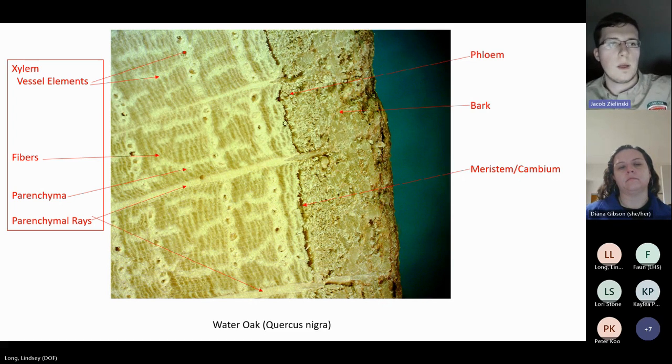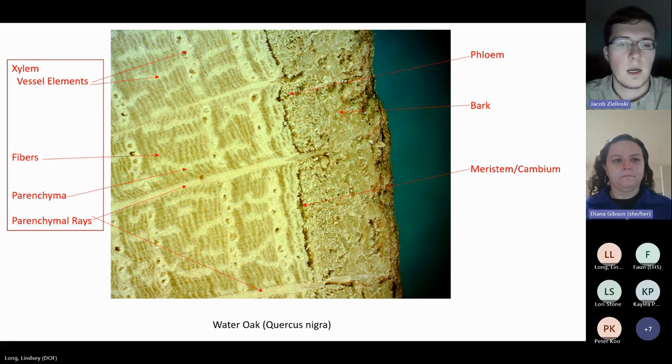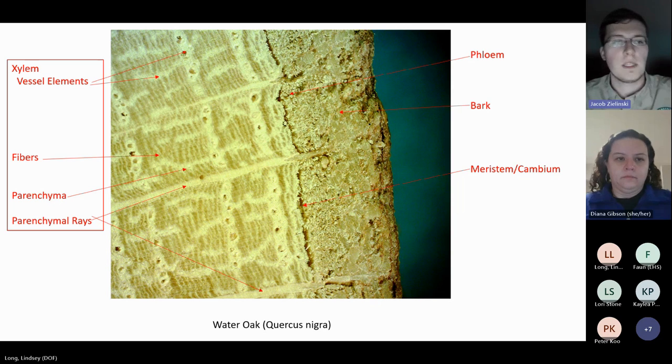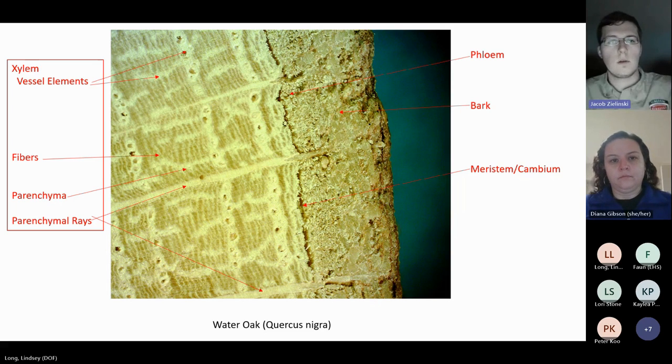Then the xylem is all of that interior stuff, with the exception of the dead tissue. And this is all in a water oak. Oaks have very distinct parenchymal rays, as we were seeing. A lot of non-oak species won't have these big distinct rays shooting through them; it'll just be rings without these long extra pieces. This actually helps oaks be so hard.